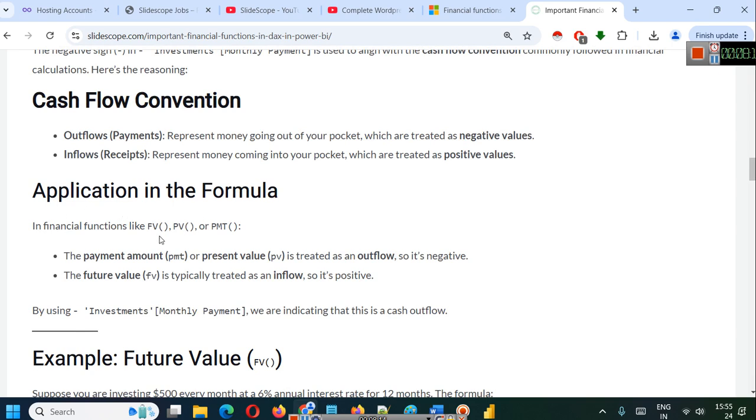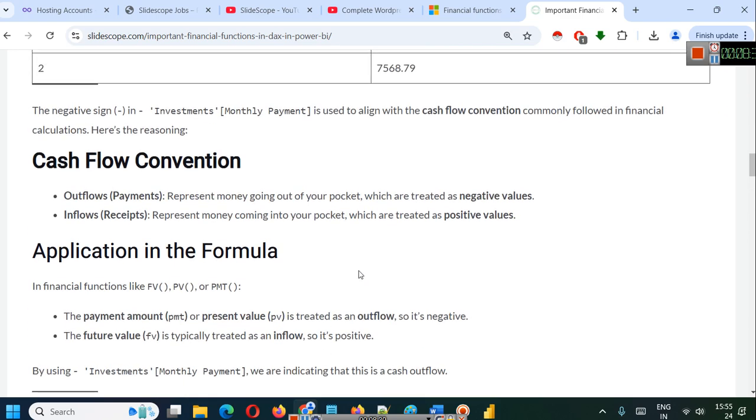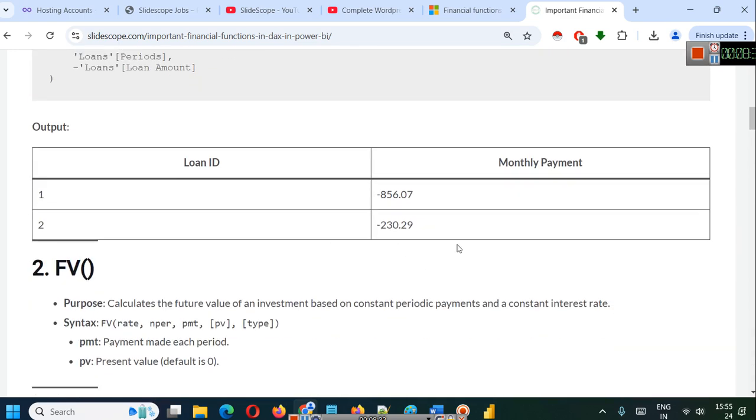The arguments in the formula are FV, PV and PMT. PV is something that you will learn just after this. The payment amount PMT or present value is treated as outflow, so it's negative. The future value is typically treated as inflow, so it's positive. Here we have a negative value.